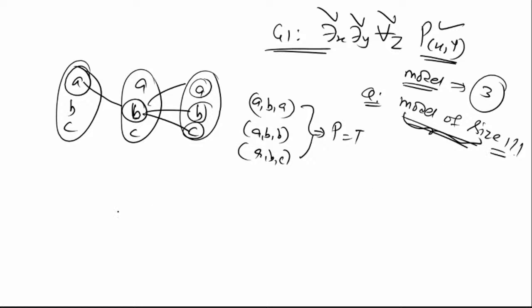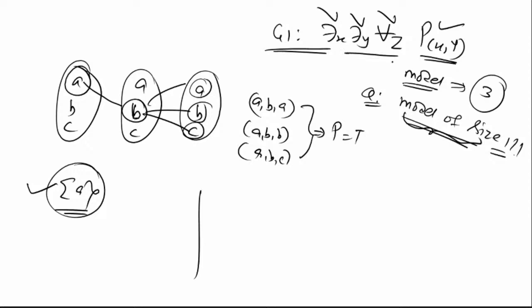So let's consider a model of size 1. Size 1 means only one element. Now for this domain, can you say that this will be true?